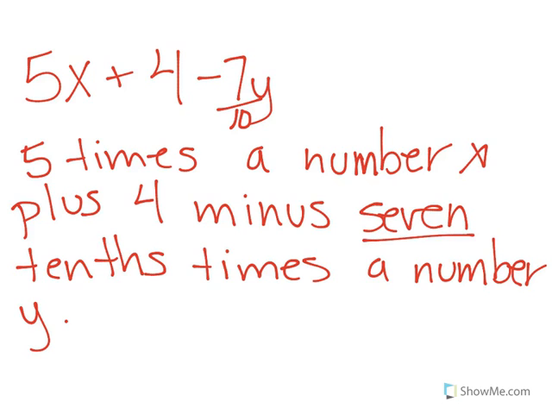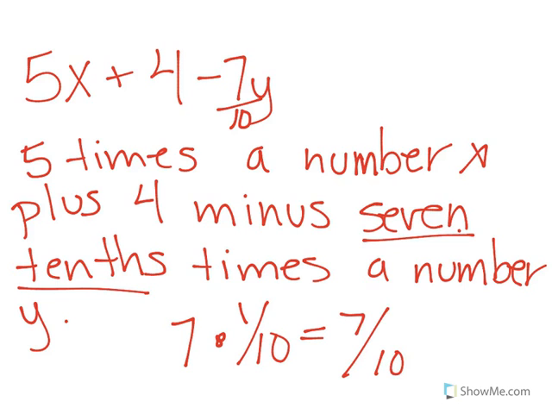So 7 tenths right here. This means that you are actually multiplying 7 times 1 over 10, which is equal to 7 over 10, which we have right there.